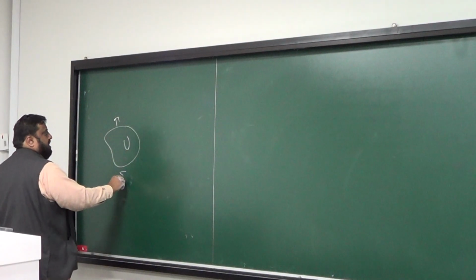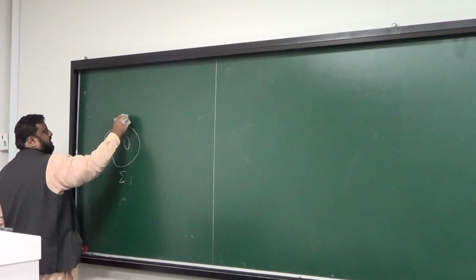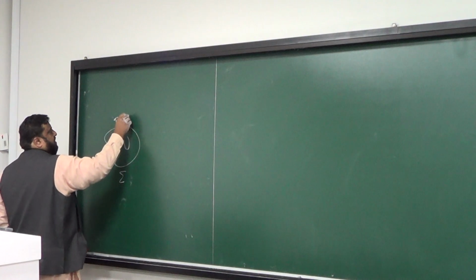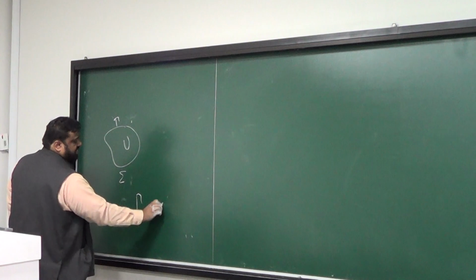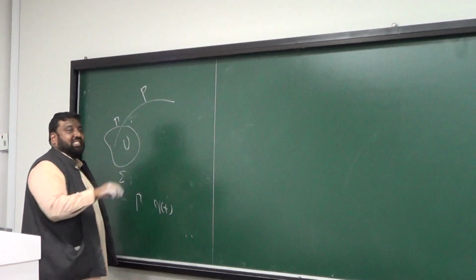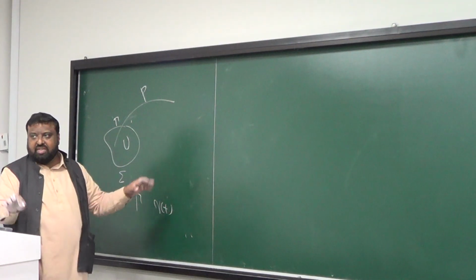Quickly redraw it. That's my U. This is gamma. The boundary is sigma. Okay. The gamma has a parameterization gamma of t. Hence, the gamma is parameterized by gamma of t, and then you have this P. So the extension, I'm again denoting it by P. I'm not putting P bar, so I'm just calling it P actually.